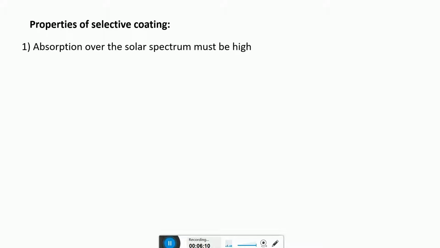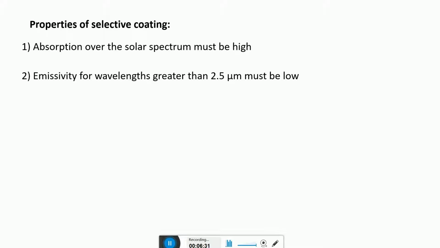When we want an efficient utilization of solar energy, it requires collector surfaces with certain optical and physical properties. The first property is that absorption over the solar spectrum must be high. The second one is that emissivity for wavelengths greater than 2.5 micrometer must be low.